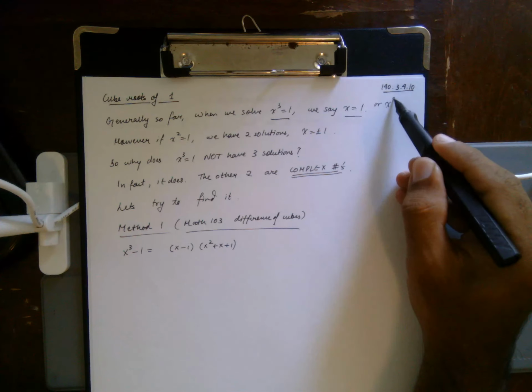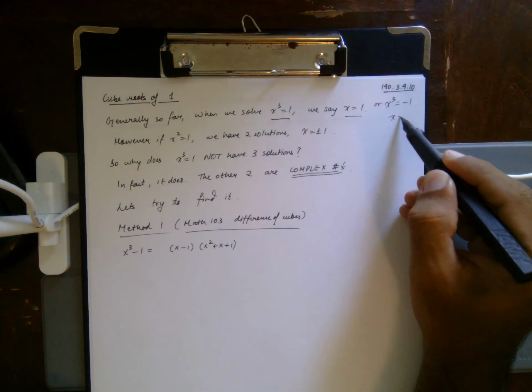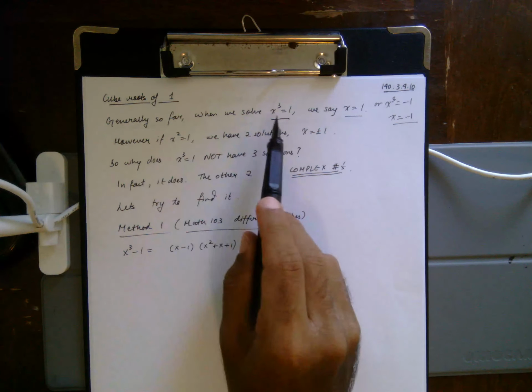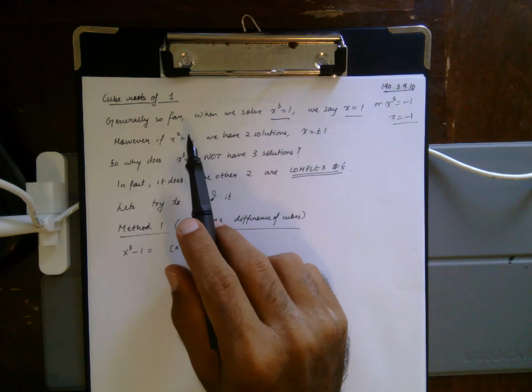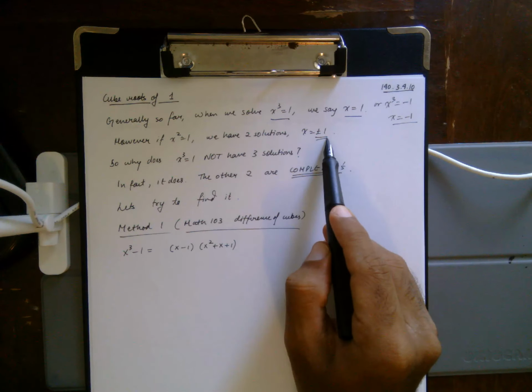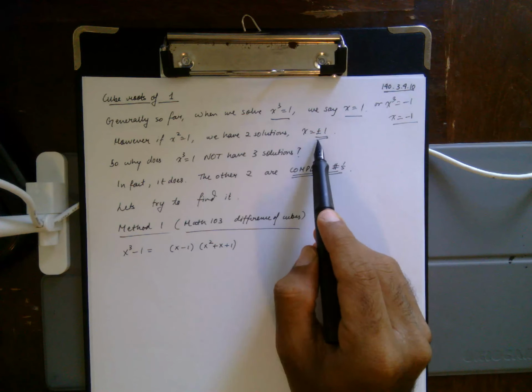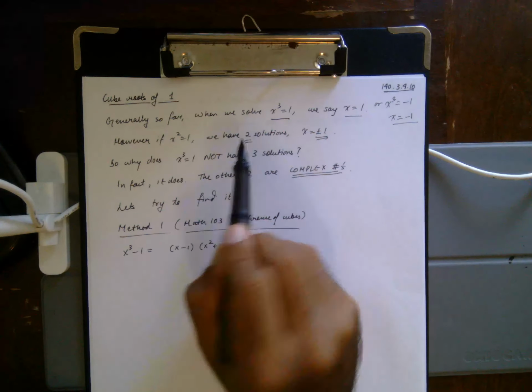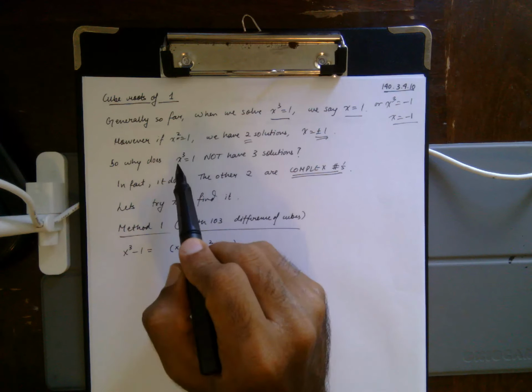Or if you have x cubed equals -1, then x is -1. However, if instead of a cube you have a square, then you get two solutions, a positive and a negative. And this number of solutions, 2, matches the power of x, which is 2.